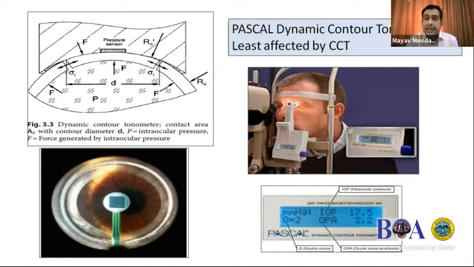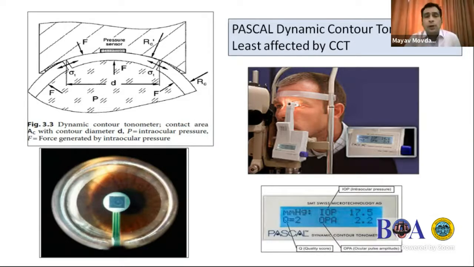The sensor picks up the limbal stretch, and you get a numerical IOP value, which is least affected by CCT. Hence, what I really feel is that the DCT would definitely be the tonometer of choice in eyes which have undergone refractive surgery because of the large amount of corneal thinning produced by the ablation there.